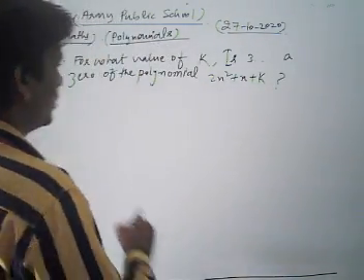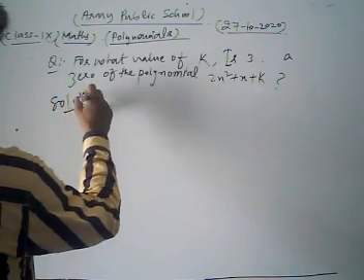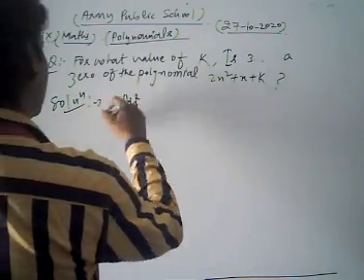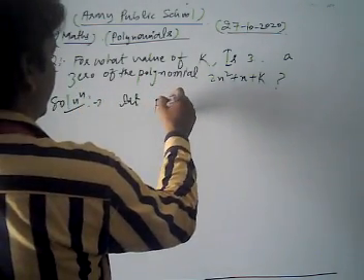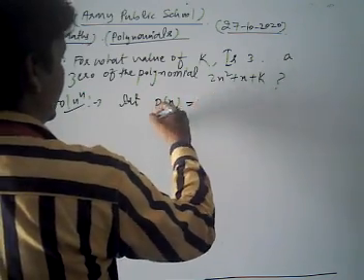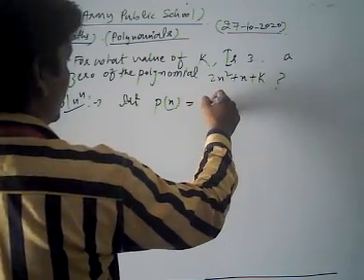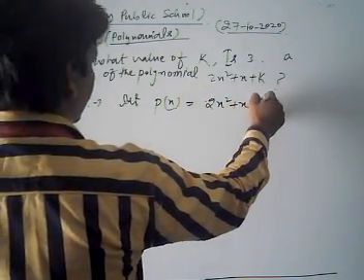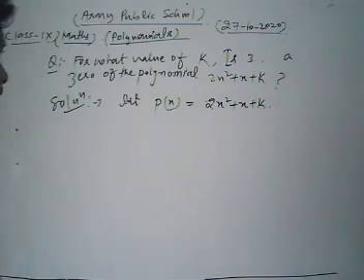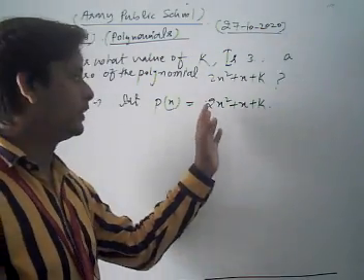Now let's see its solution. First of all, dear friends, let the given polynomial be p(x) is equal to 2x square plus x plus k.